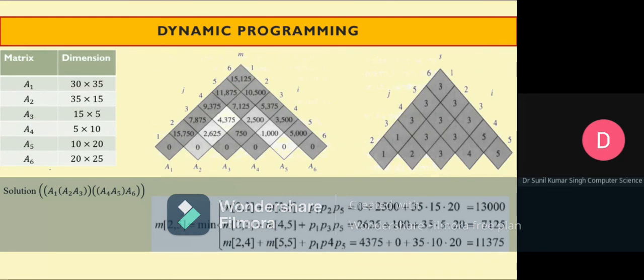There are 6 matrices, and these are the dimensions. So you can compute the value of m and s, and then you'll apply the algorithm for finding the optimal solution.